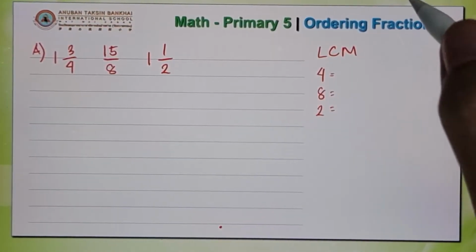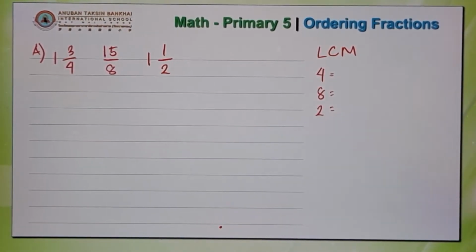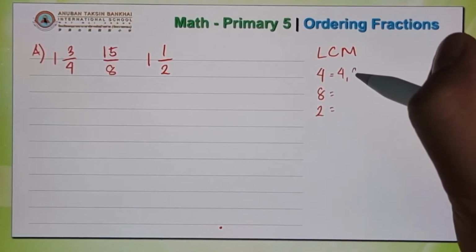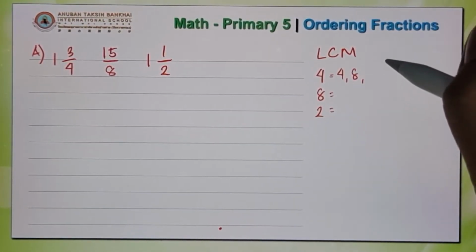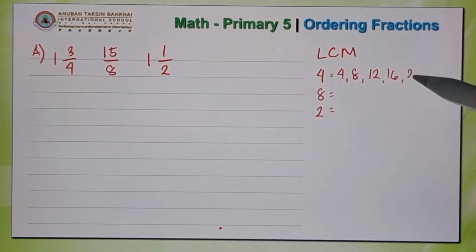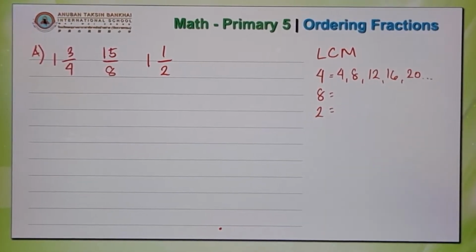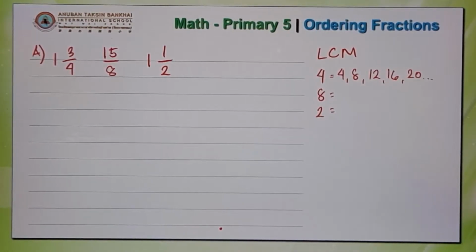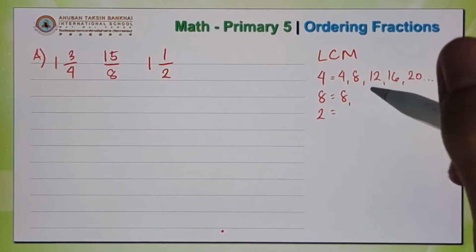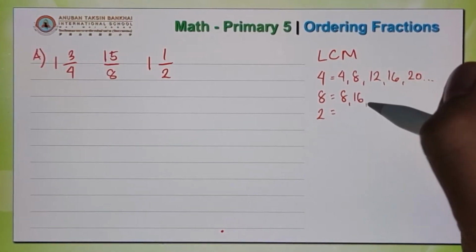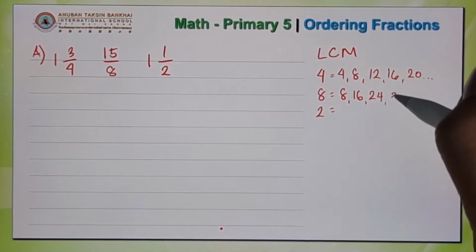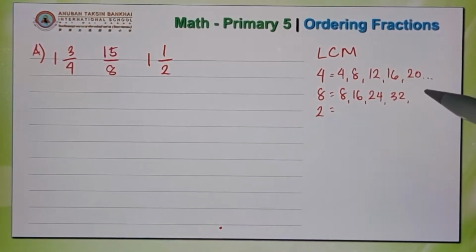Okay, so let's write first the first 5 multiples of 4. We have 4. Next, we have 8. Next, we have 12, 16, and 20. You can actually continue if you want. Next, we have 8. So we have 8, 16, we have 24. Next, we have 32, and we have 40.